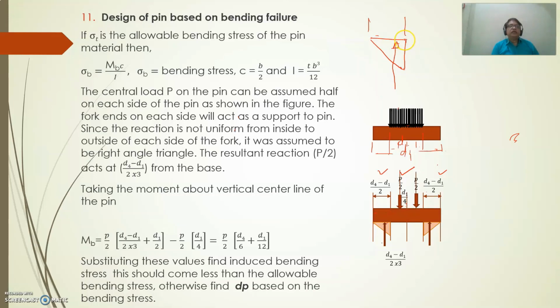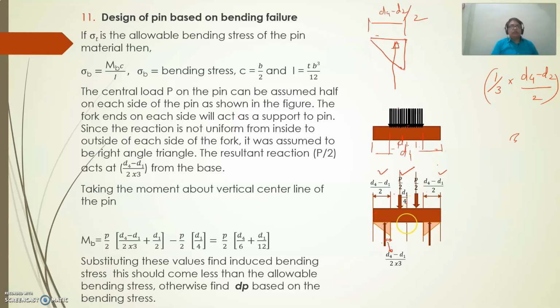If the base is some value, you take 1 upon 3, or else you can take 2 by 3 from this point. Here I have taken 1 upon 3 of this distance, because this distance is d4 minus d2 upon 2, so it is 1 upon 3 of d4 minus d2 divided by 2.